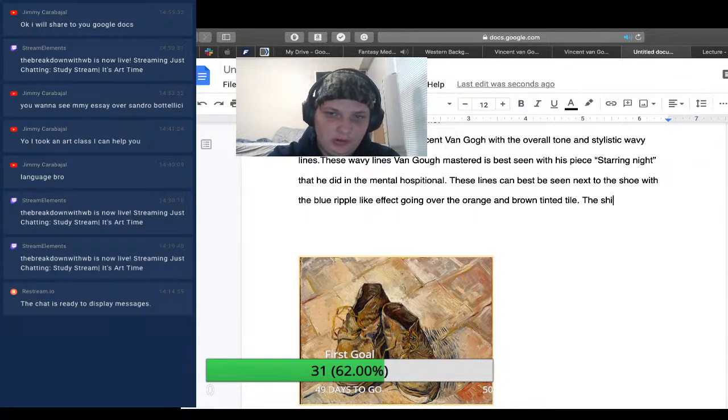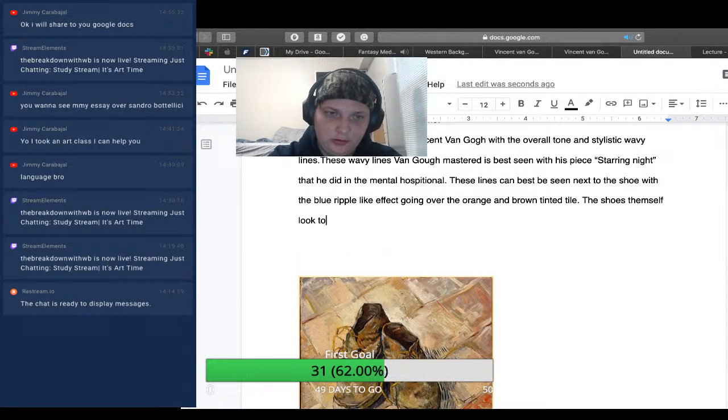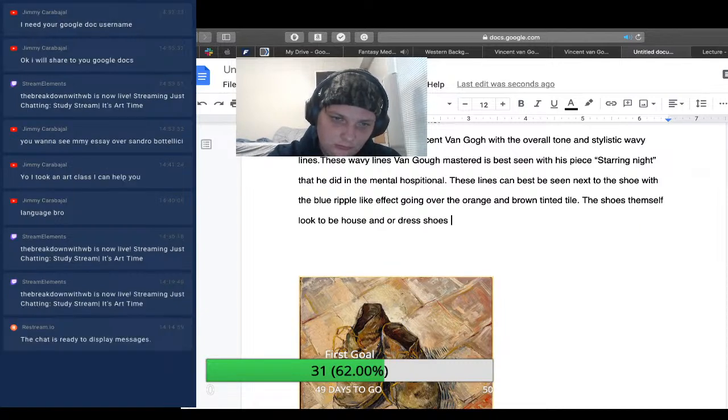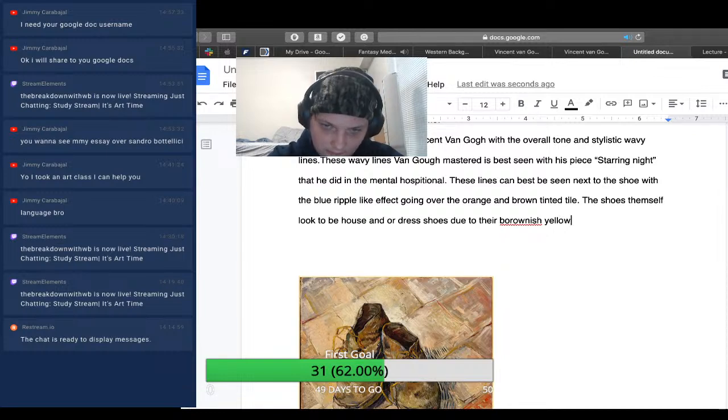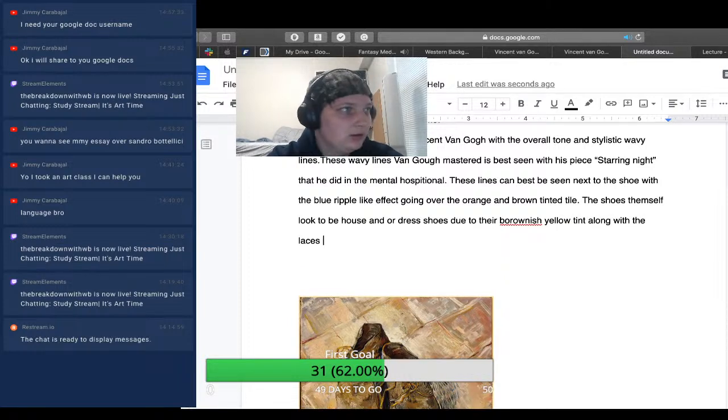The shoes themselves look to be house and/or dress shoes due to their brownish yellow tint, along with the laces.